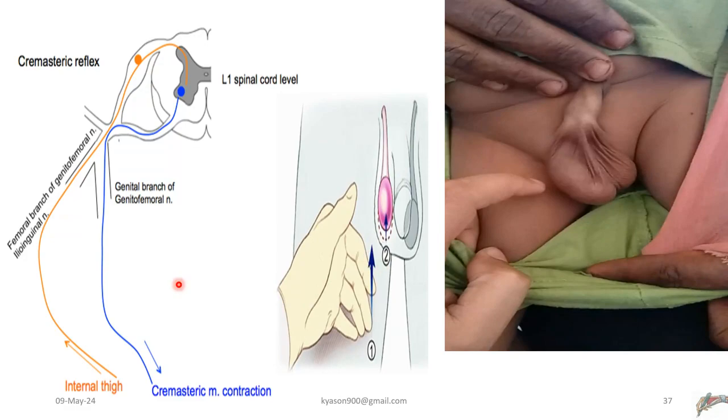That portion of the thigh is going to be innervated by what we call the genitofemoral nerve and the ilioinguinal nerve, remember.